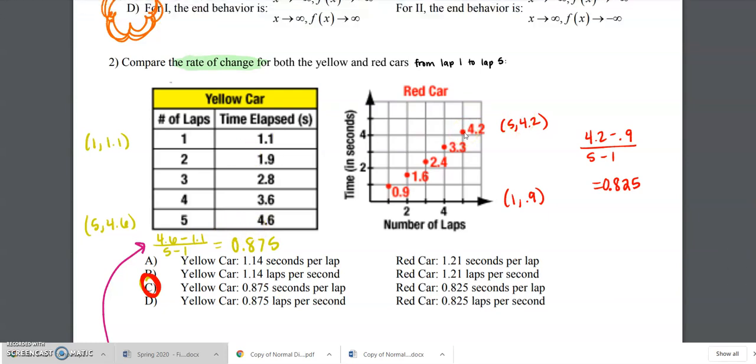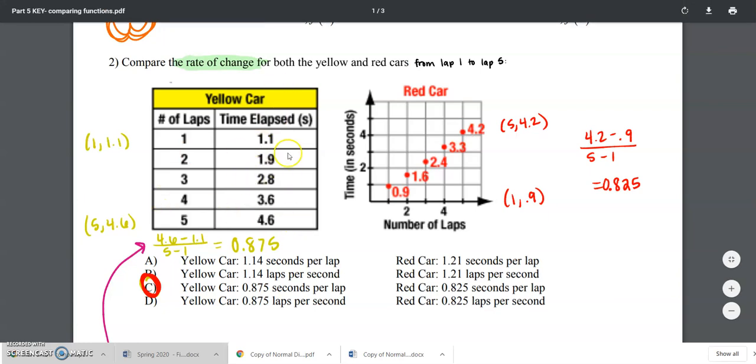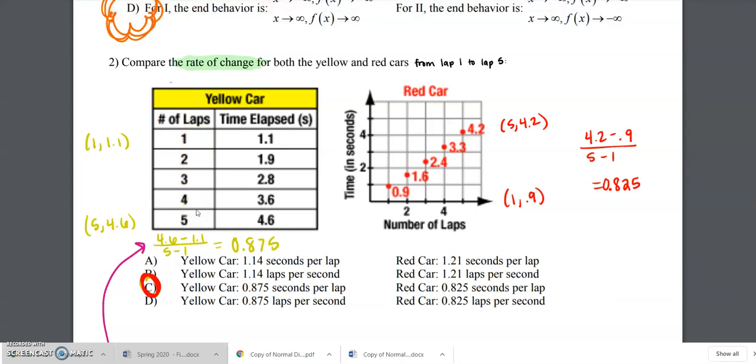That's all you're doing. So here, remember that this column represents your y values. This column represents your x values. You might want to go and review what the slope formula is. I will tell you verbally that it is y2 minus y1 over x2 minus x1. And that's what we have here.